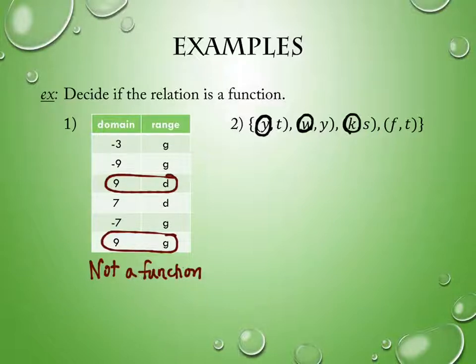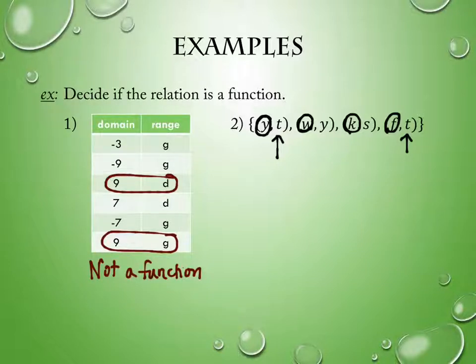Next input is K, or domain value K. Are there any other K domain values? Nope. So there's a unique input K, and the unique output that goes with that K is S. And then the last one is F. We've already run out of options at this point, so it has a unique output as well. Now, it is true that I've got a couple of duplicating output values.